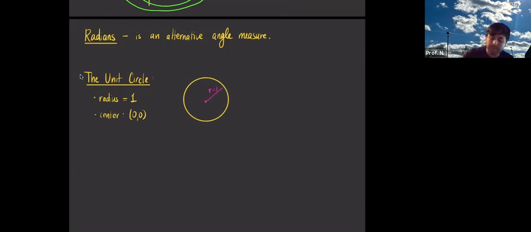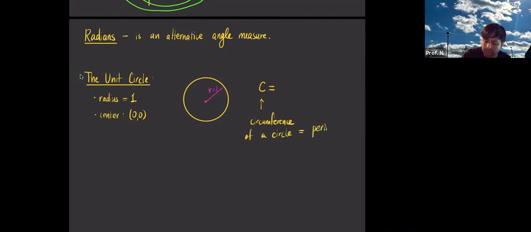If you guys remember, what's the formula for the circumference of a circle? Again, this is back to your middle school days. What is the circumference of a circle? And again, the word circumference just means perimeter, right?